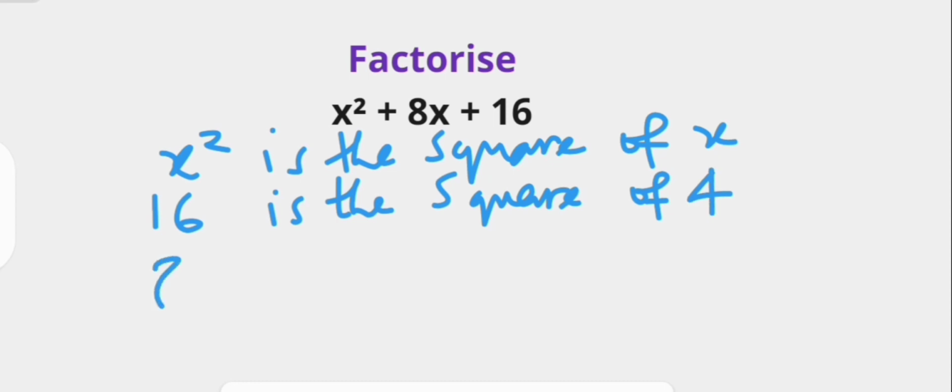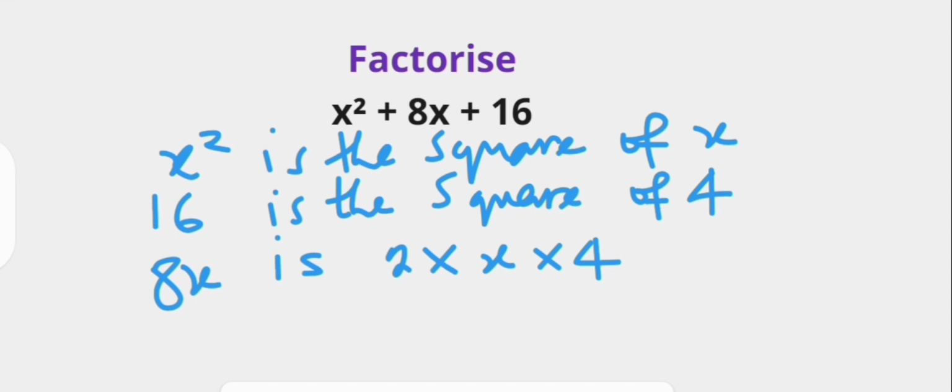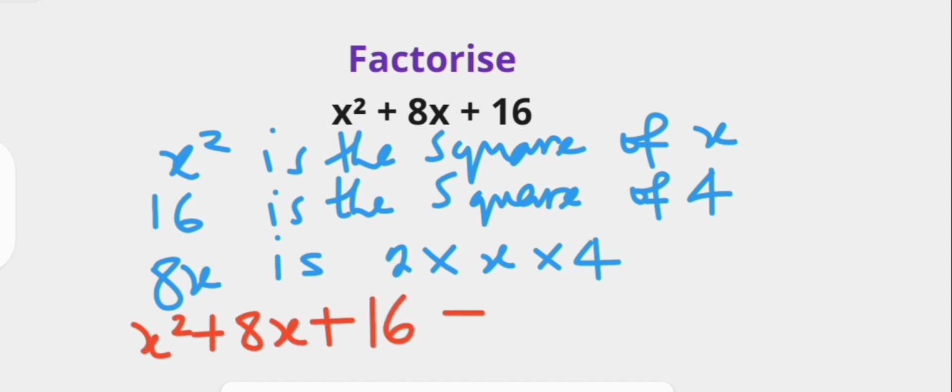Then the middle term, 8x, is 2 times x times 4. That is twice their product. This satisfies the condition for perfect squares, and therefore x squared plus 8x plus 16 is going to factor out as a perfect square, which is going to give us x. The sign in the middle will be plus because we have plus 8x, so x plus 4 all squared.